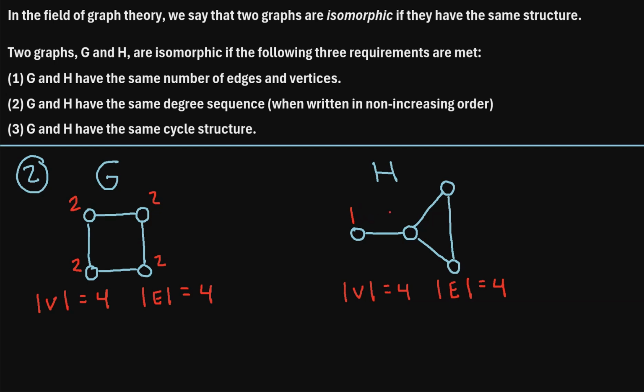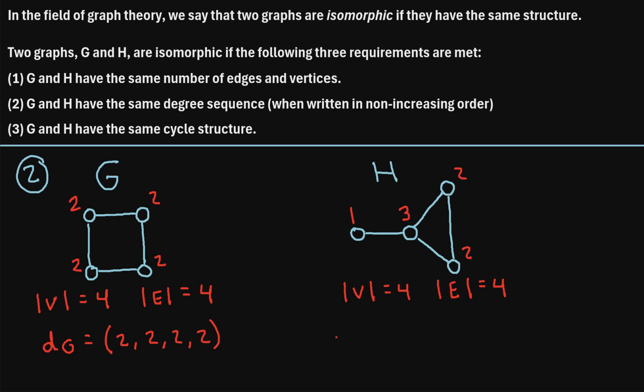But just for a little bit of extra practice, we can go ahead and label all of the degrees of graph H. So if we were to write the degree sequence of each graph, the degree sequence of G, we can write it as D sub G, would be 2, 2, 2, 2. So these are just the numbers that describe the degrees of each vertex in the graph.